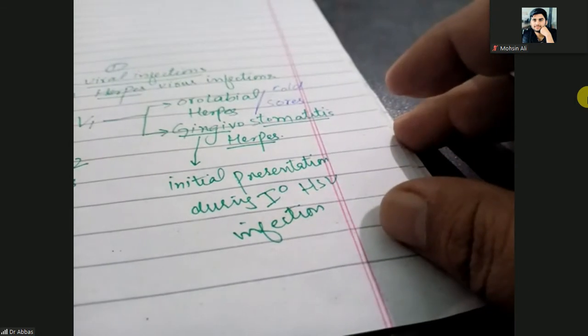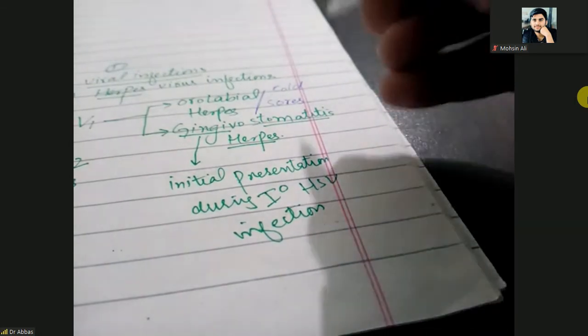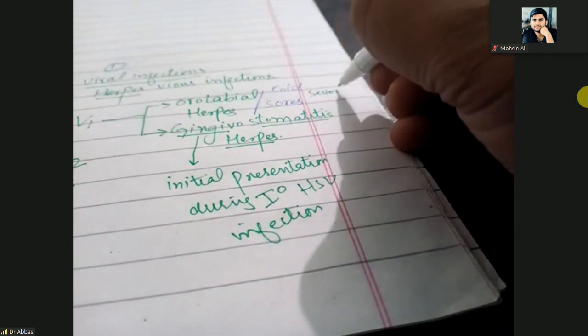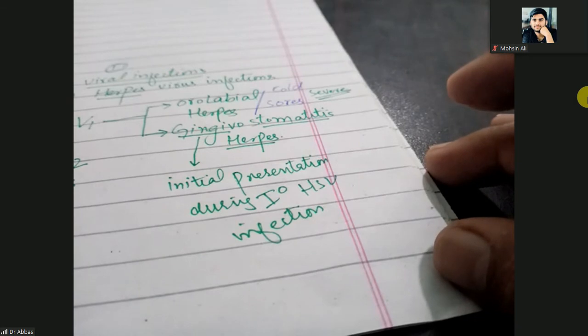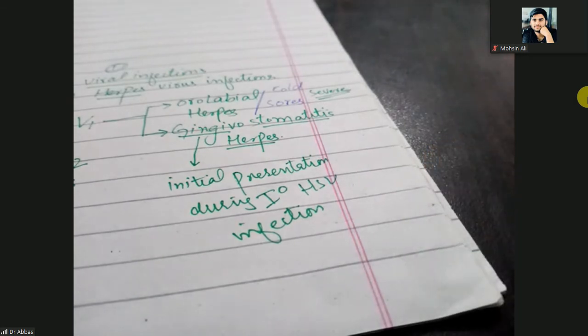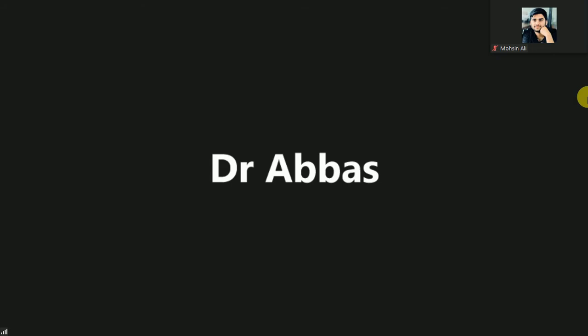While the orolabial is more severe than the gingivostomatitis and it will present later.